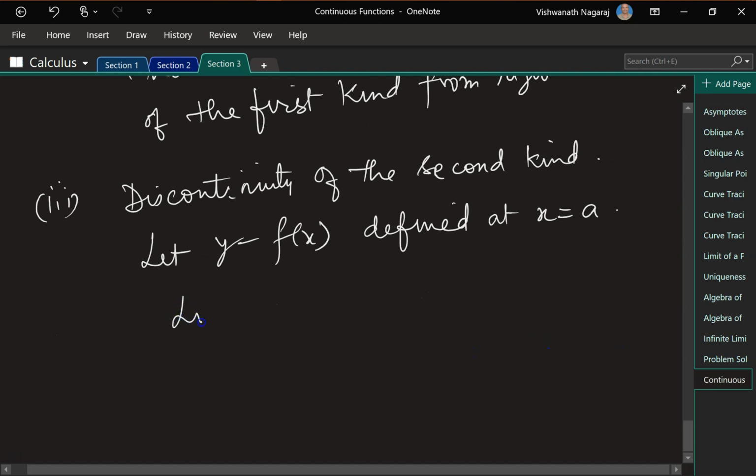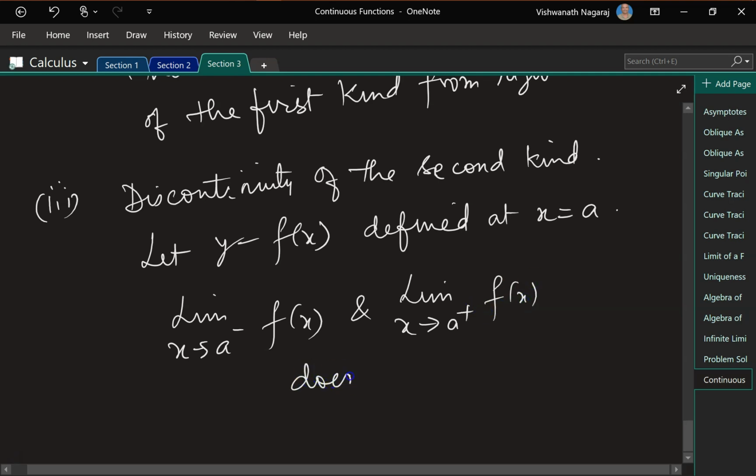Now the limit as x approaches a from the left hand side of f of x, and the limit as x approaches a from the right hand side of f of x, they both do not exist.